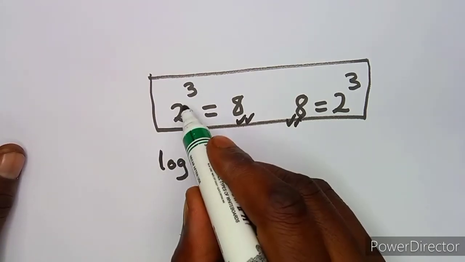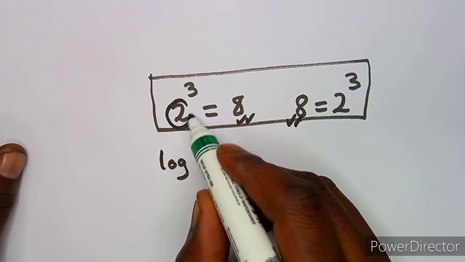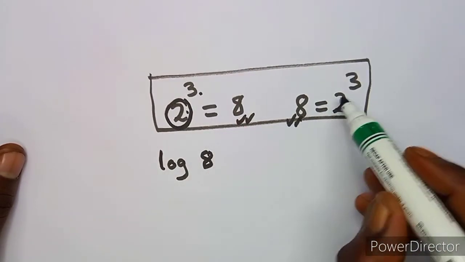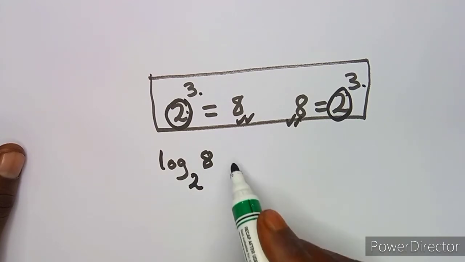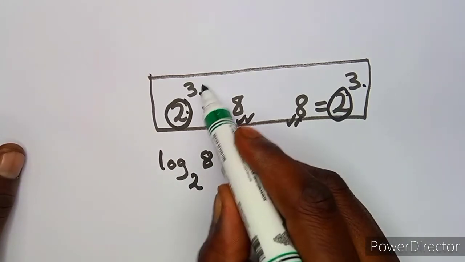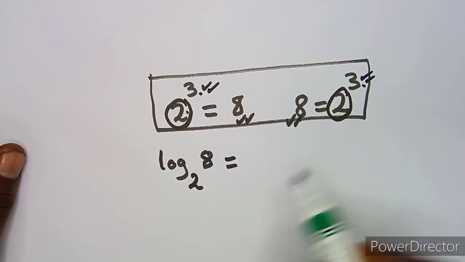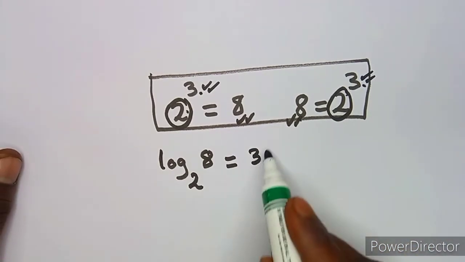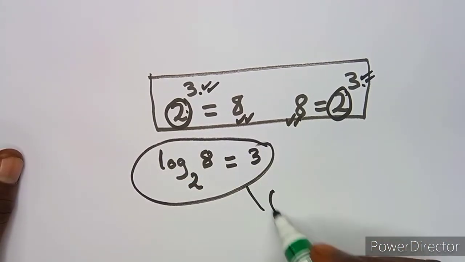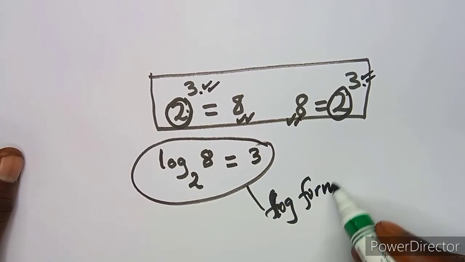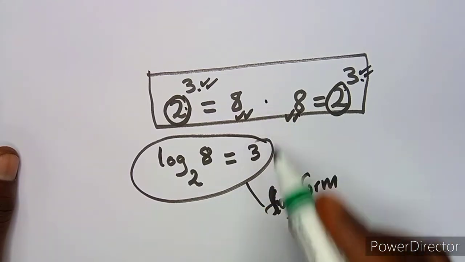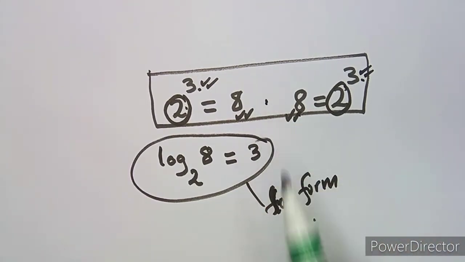The base remains the same, because it's the base raising an exponent, so it's in base 2, and it is going to give us the exponent, which is 3. So this is now in log form. That's how you convert from index form to log form, or from exponential form to logarithmic form.